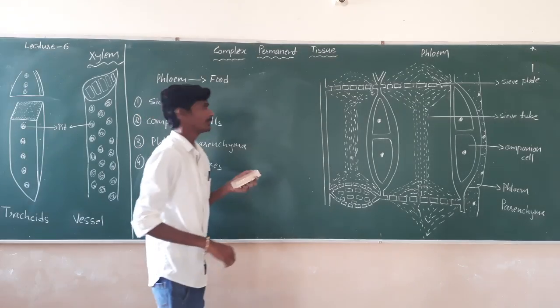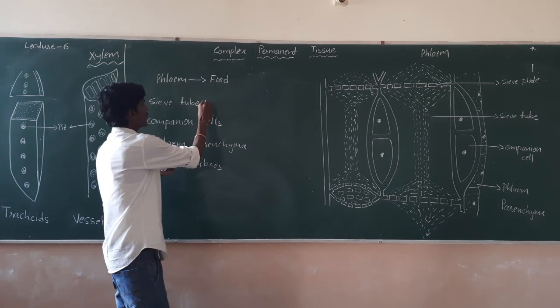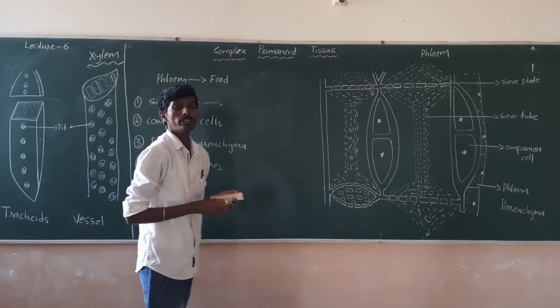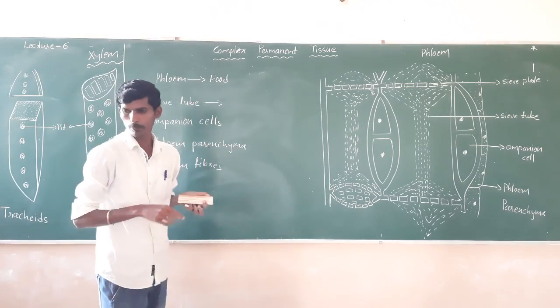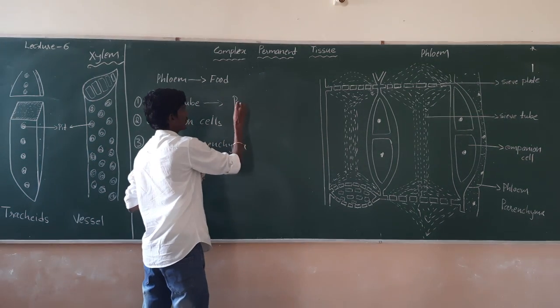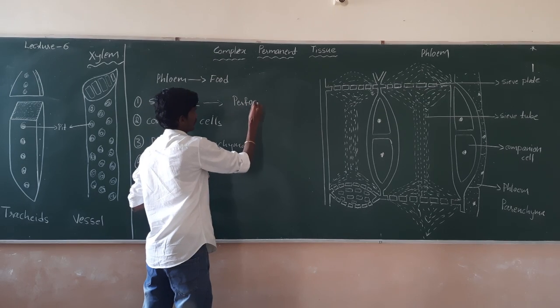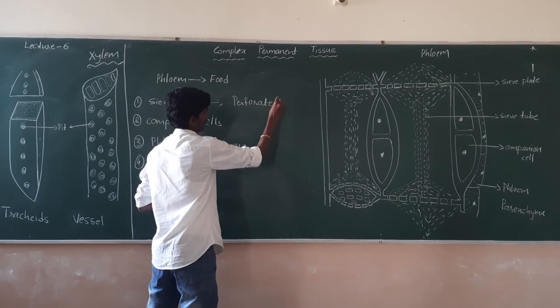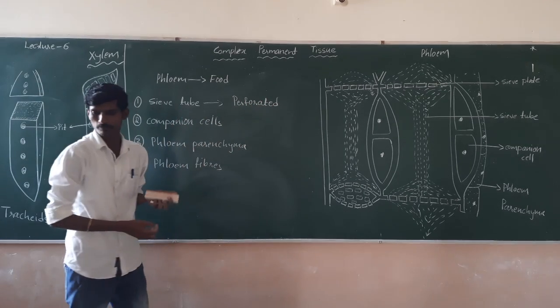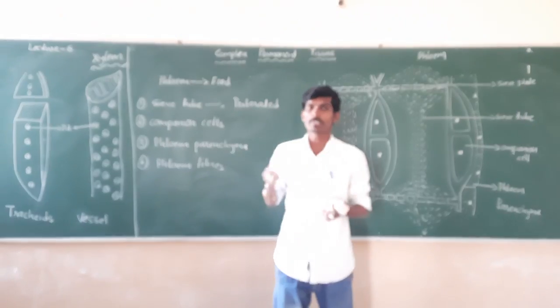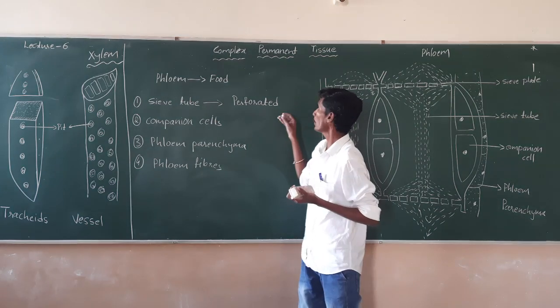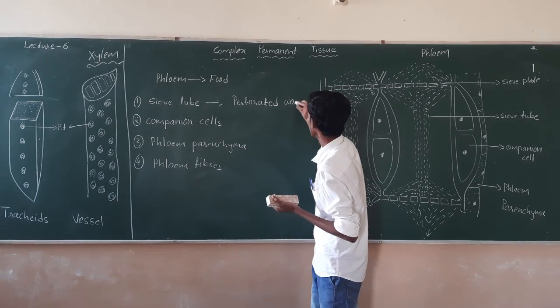Sieve tubes are a tubular structure with perforated ends. They have perforated walls.